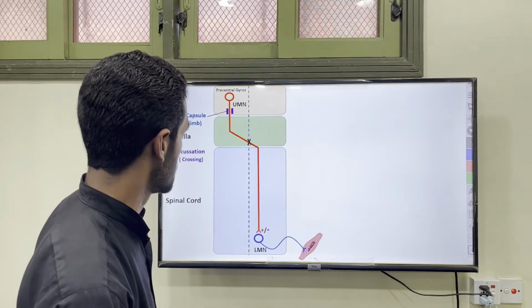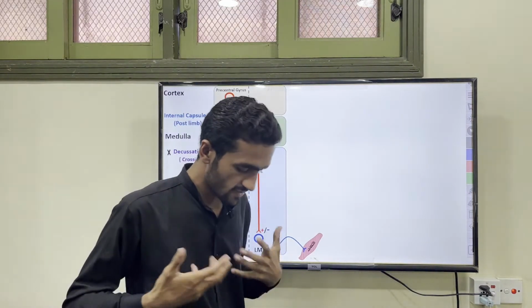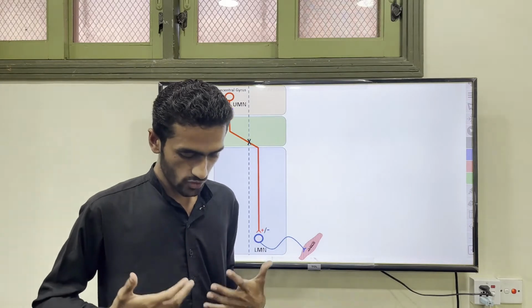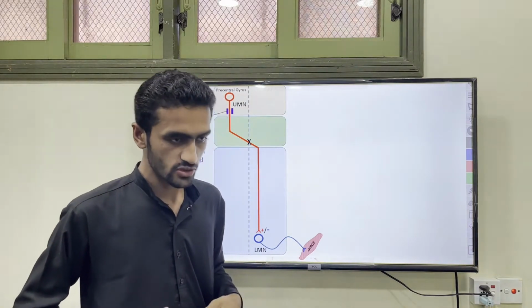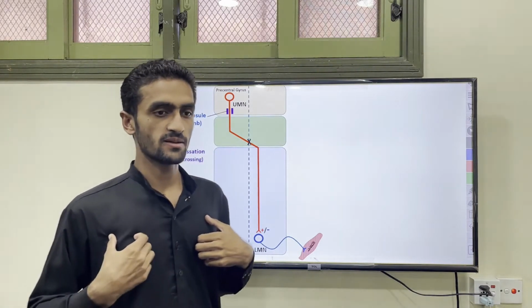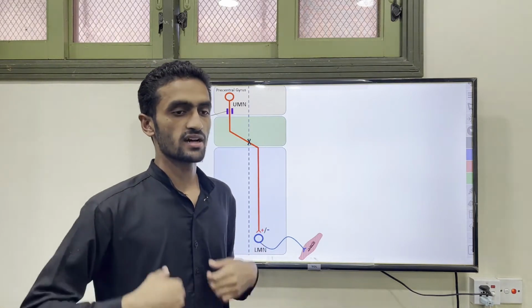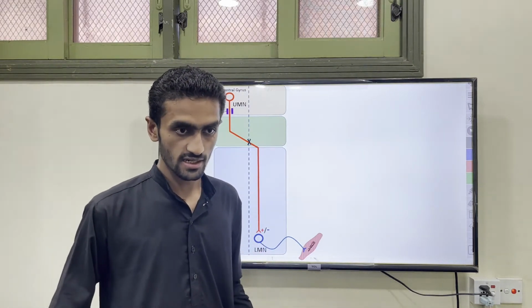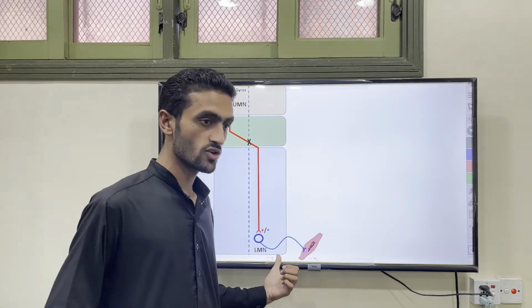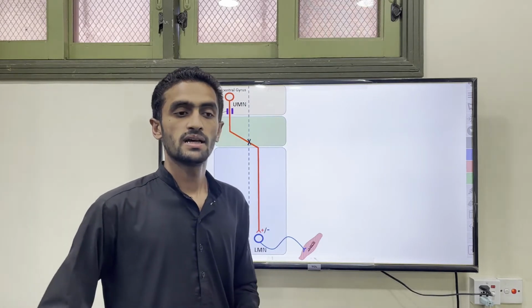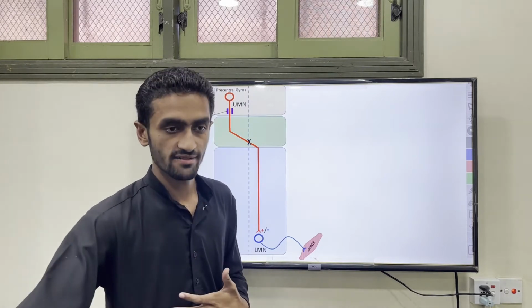Now let's see the function of the upper motor neuron and the lower motor neuron. Extension or flexion, voluntary muscle action, is carried out by the lower motor neuron, but we do not want overactivity.